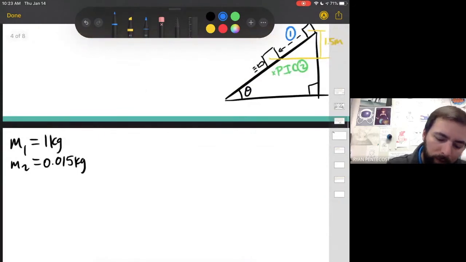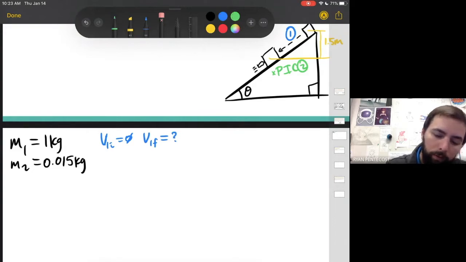So we've got the v1 initial for part 1 is rest, then v1 final, we don't know. That would equal v1 initial for the next step, though. We do know that v(1+2) once they collide is 0.